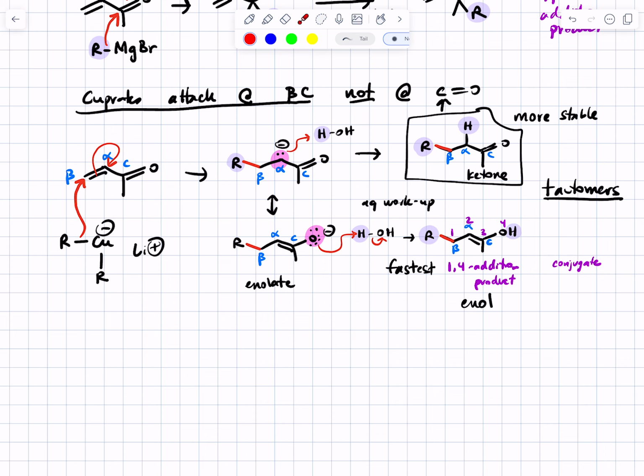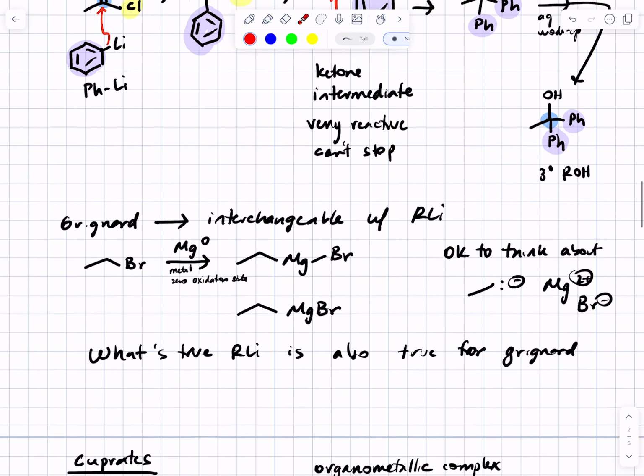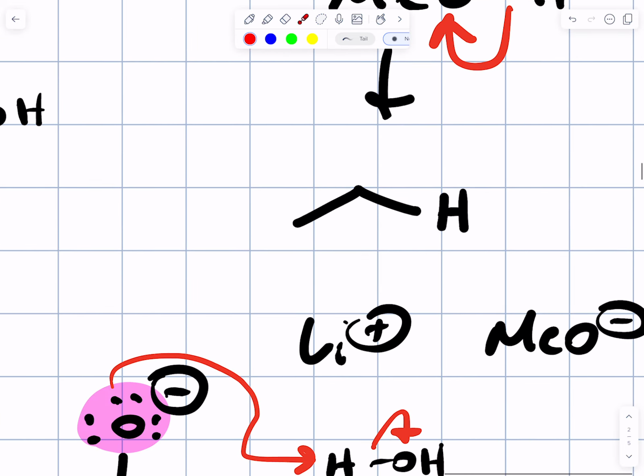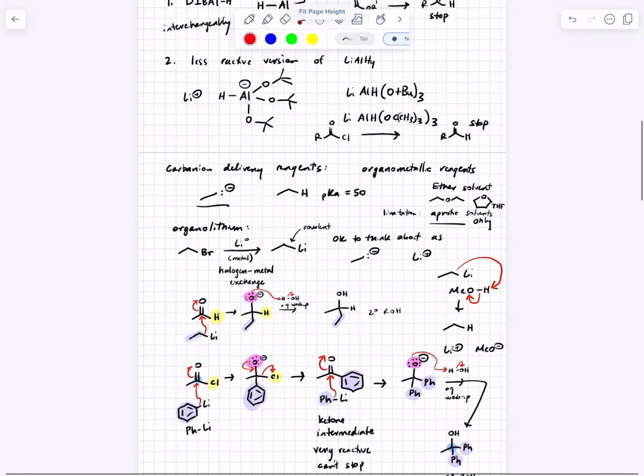Okay, so lastly, we want to circle back to the idea that for all of these reagents, we need to use non-protic or aprotic solvents, that is, solvents without acidic protons, because, as I told you, if we're not careful and we've got acidic protons present, the organolithium reagent or the Grignard or the cuprate is simply going to deprotonate the acidic proton, and then you've just made a very expensive alkane, which is bad to do.